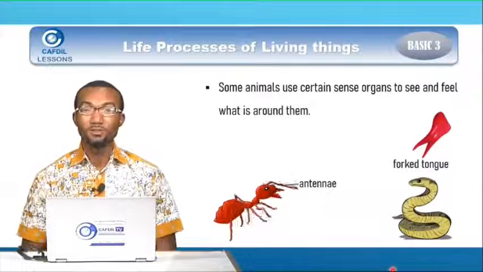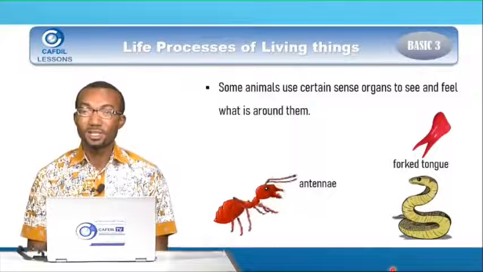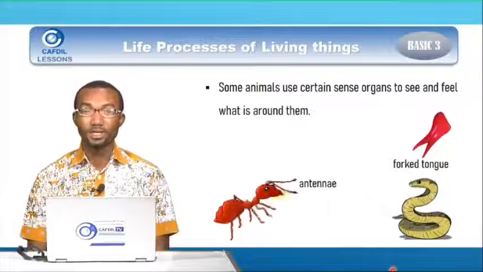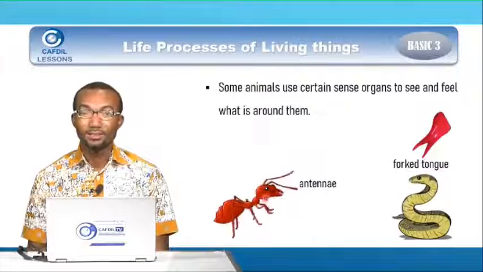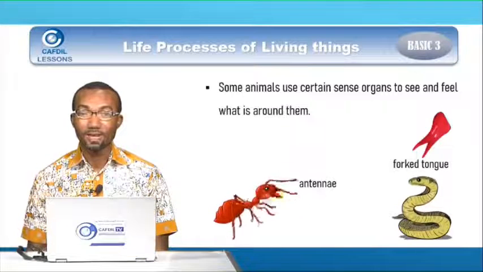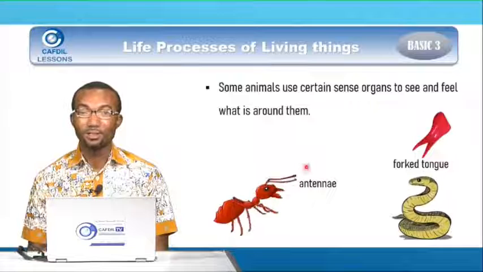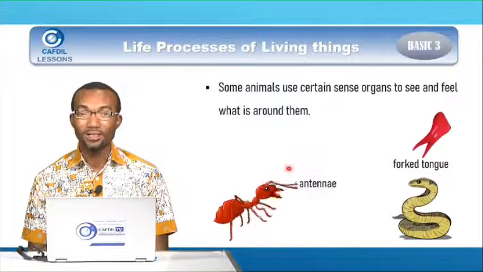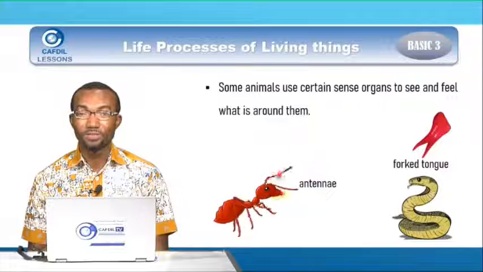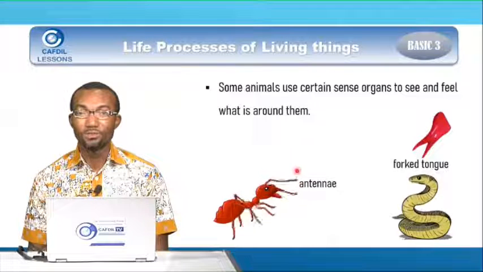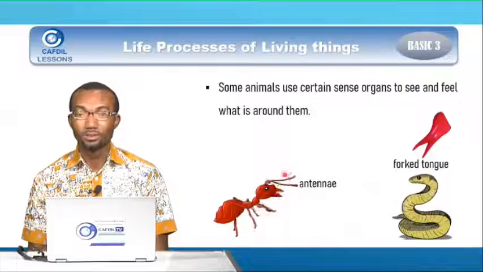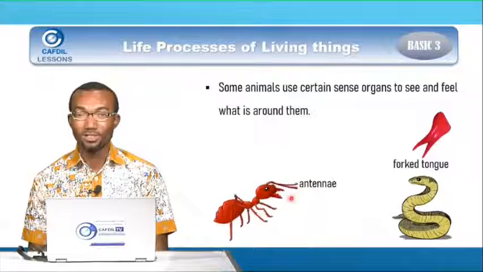Some animals use certain sense organs to see and feel what is around them. If you take an ant, you can see that these ants have eyes. But the most powerful sense organ of ants are their antennae. What you see here on top of their head, their antennae, they use that a lot because that is their powerful sense organ.